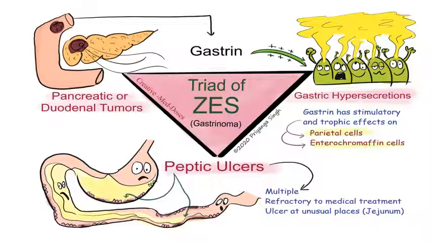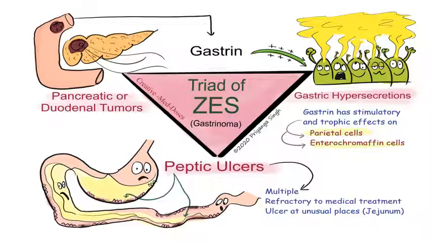Gastrin has stimulatory effects on parietal cells and enterochromaffin cells. Parietal cells secrete acid, and enterochromaffin cells release what? They release histamine, and that causes multiple peptic ulcers refractory to medical treatment.